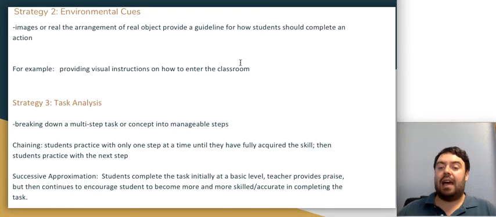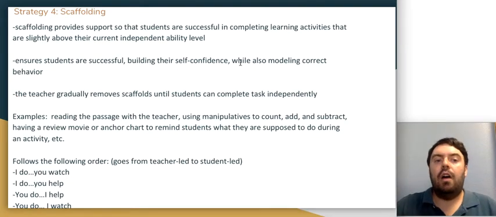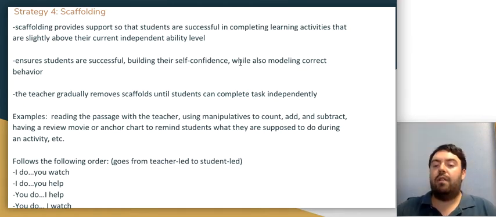A fourth strategy could be scaffolding. Scaffolding is basically providing the support that students need to be successful on a task that's slightly above their ability level. There are different forms of scaffolding, but the scaffolding that we're going to talk about today is primarily the type of additional support that teachers will provide to students.